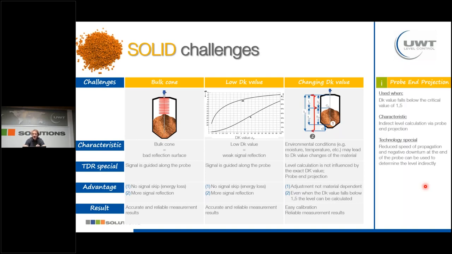With this feature, the level is determined indirectly. So you always get a signal, even if the decay value changes. And so you have a reliable measurement and do not have to care about any decay value changes due to humidity or other environmental conditions.